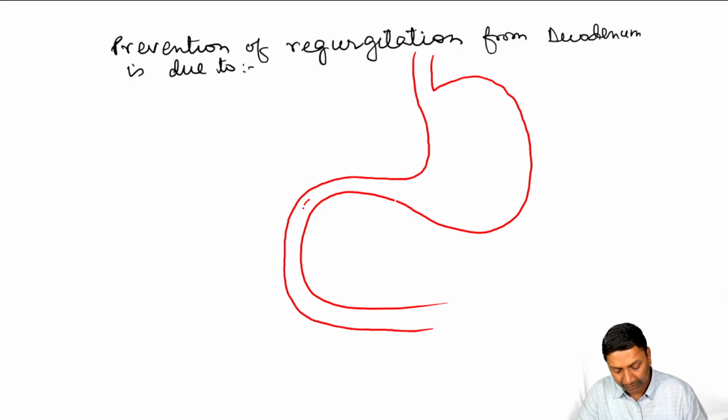So when the chyme enters into the duodenum, the area behind this chyme, that is the pylorus, contracts. This pyloric contraction will last longer than the contraction of the duodenum. So this longer contraction of the pylorus will prevent the regurgitation of the duodenal chyme into the pylorus or the stomach.